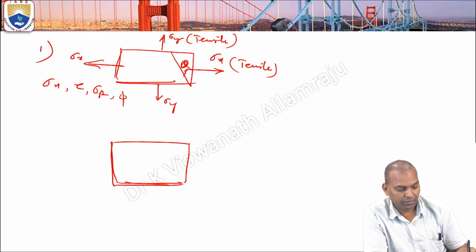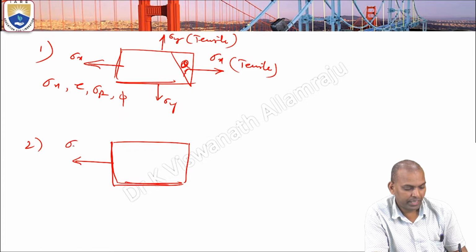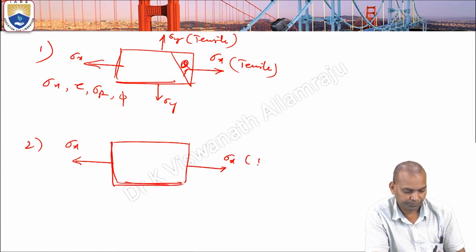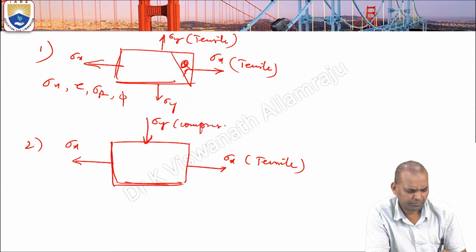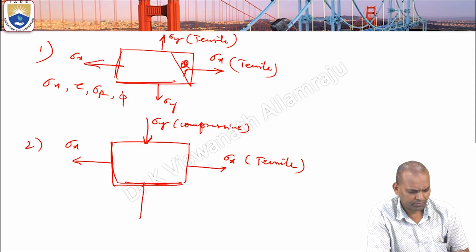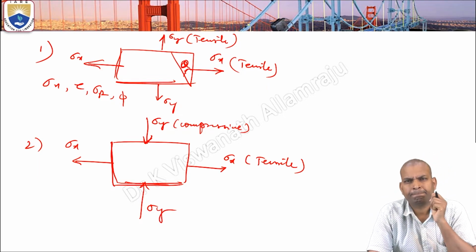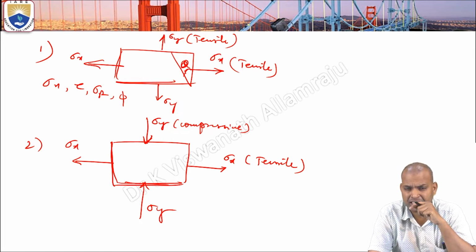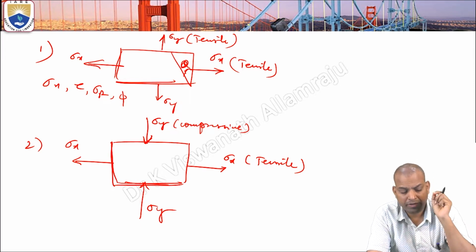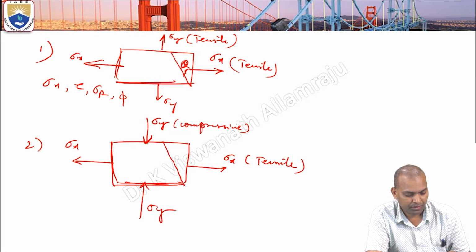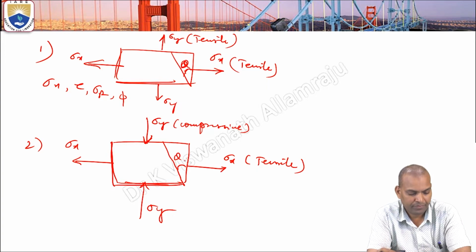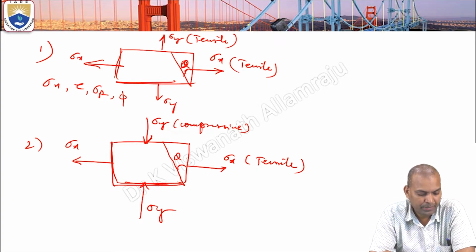The next model we covered, sigma x is tensile in nature, whereas sigma y is in compression, with the angle theta of the inclined plane made with the maximum principal stress.